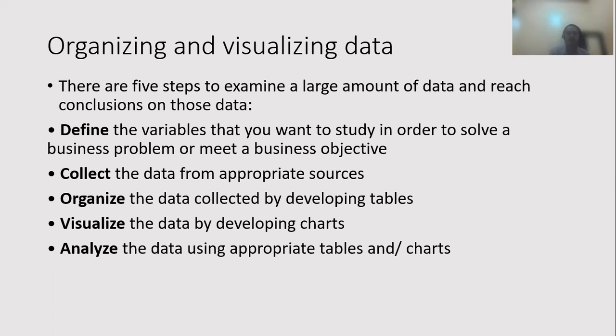What we mean by these tables are contingency tables and frequency tables, and we will get to them in a second. But organizing the data means we might create a table which might be easier for us to read and to interpret and eventually to come to some kind of conclusion.